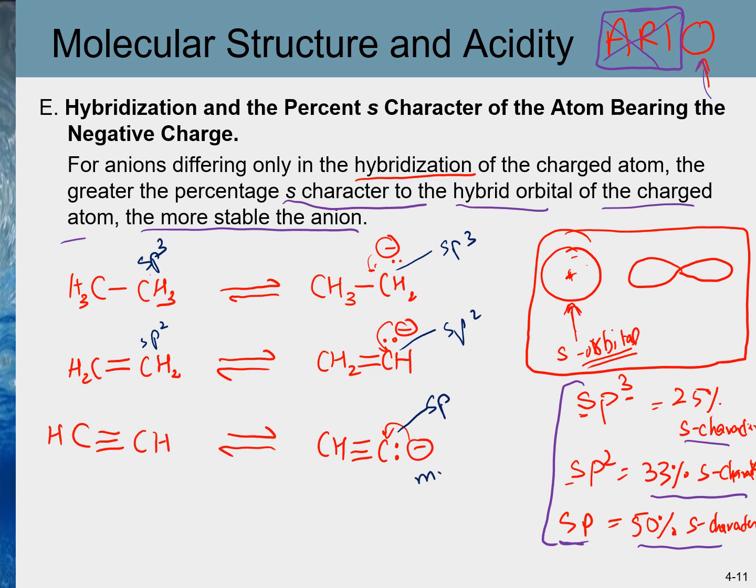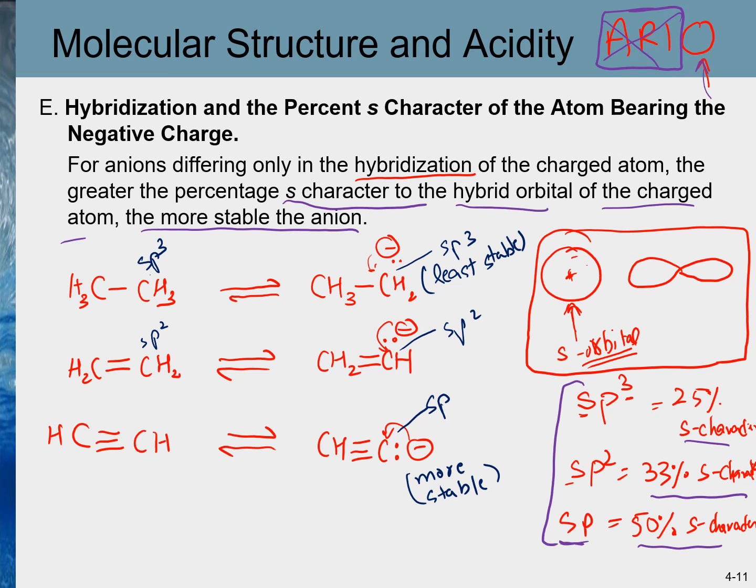Therefore, alkyne anions are more stable compared to the other two, and alkane anion is the least stable. So the more stable the anion, the stronger the acid.